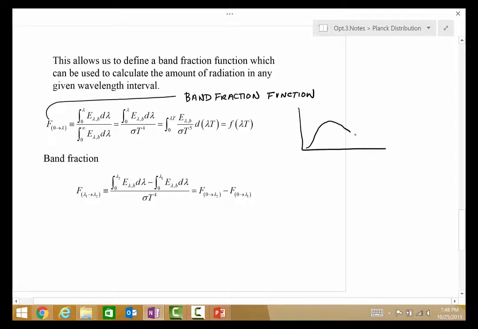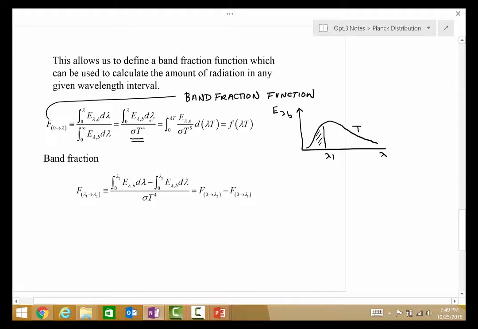For a particular temperature, we're interested in the amount of radiation to some lambda 1, for example. And we know that if we integrated over the whole range, we get sigma T to the fourth here.